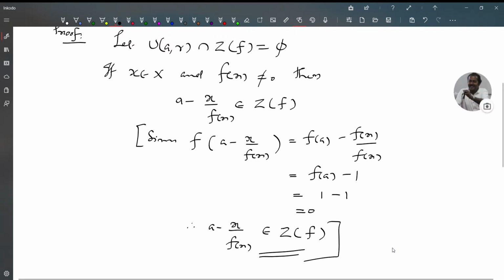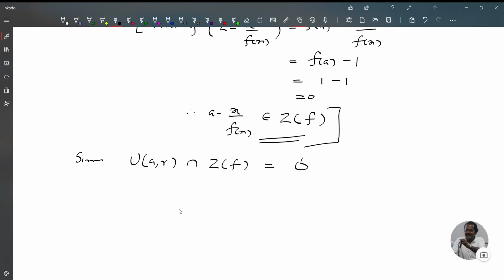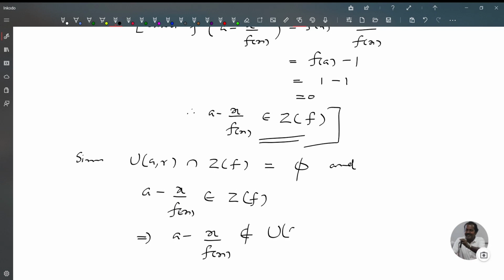And since U(a, r) intersection null space of f is empty and a minus x by f of x belongs to the null space of f, this implies a minus x by f of x does not belong to U(a, r).